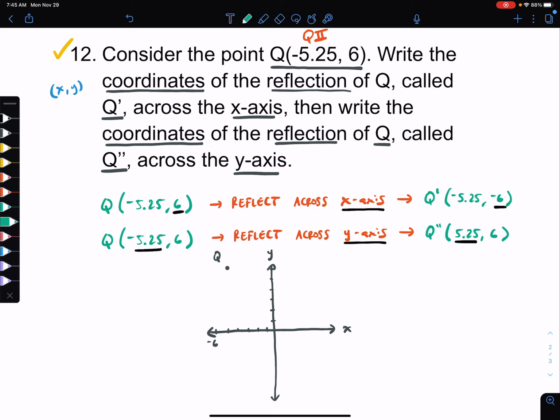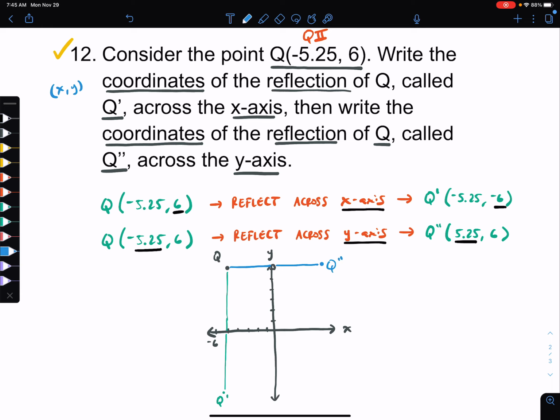And that's it, right? Across the x-axis, here's the 5.25, so Q prime is somewhere down here. And across the y-axis, we know that is 6 units over there, so it's going to be 6 units over here for Q double prime. All right, so those are reflections.